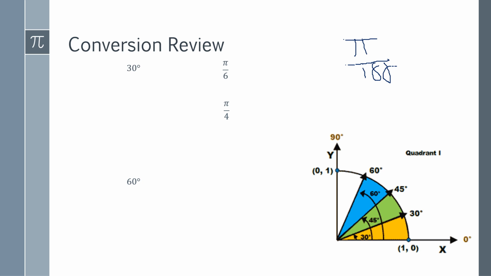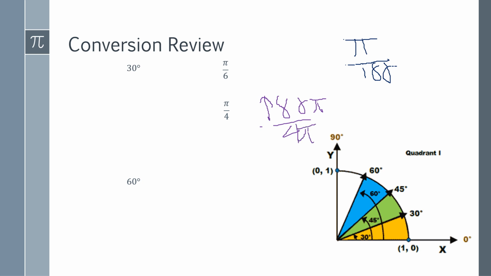Now, if I'm trying to go from radians to degrees, I'm going to have to multiply by 180 over pi. So 180 times pi over 4 is 180 pi divided by 4, and it also has pi attached to it.